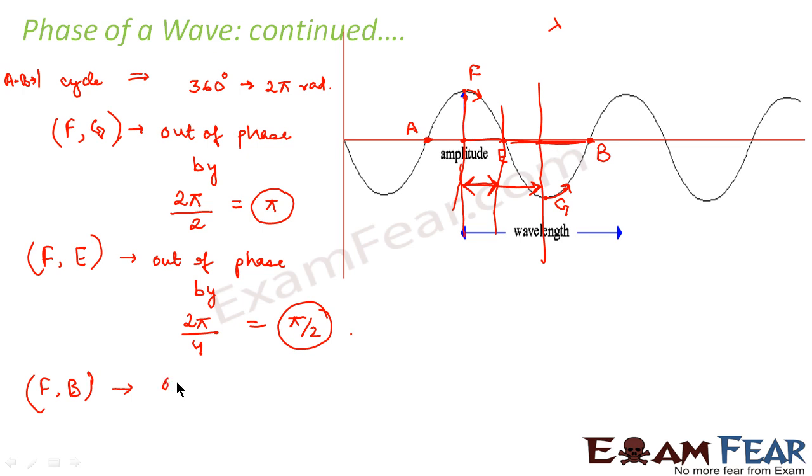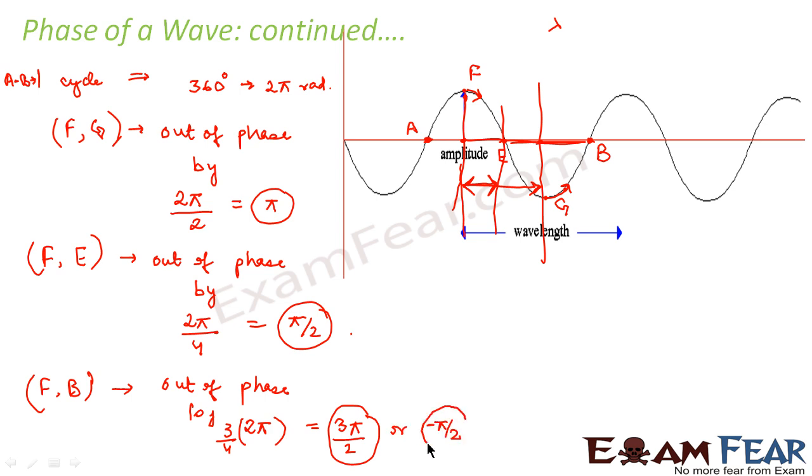So this is again out of phase by 3/4 of 2 pi. So that is equal to 3 pi by 2. Or this 3 pi by 2 can also be written as minus pi by 2. So whichever is convenient to you.